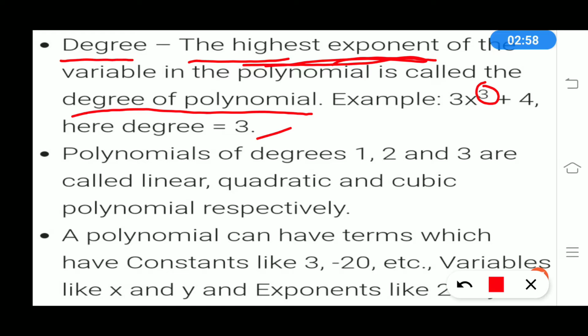that's why the degree is 3. Now polynomials of degree 1, 2 and 3 are called linear polynomial, quadratic polynomial and cubic polynomial. That means a polynomial of degree 1 is a linear polynomial, a polynomial of degree 2 is called a quadratic polynomial, and a polynomial of degree 3 is called a cubic polynomial.